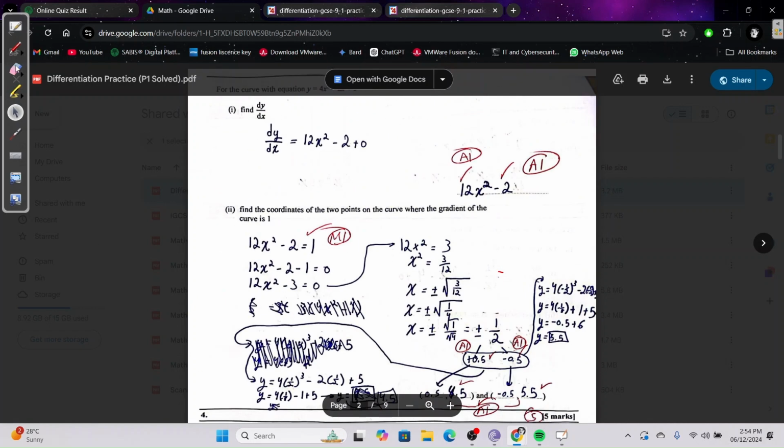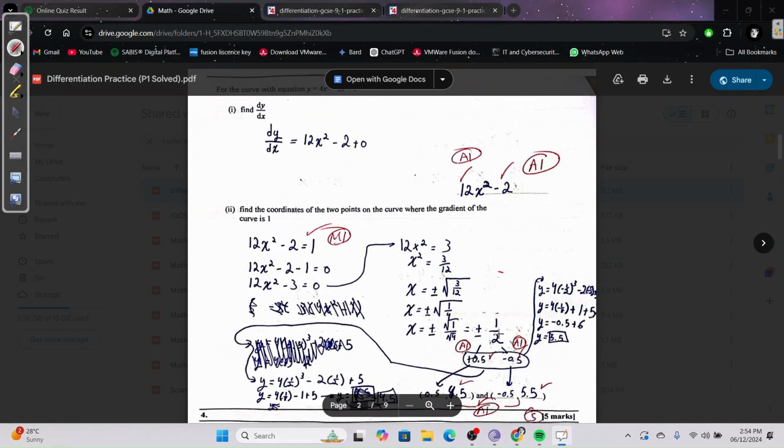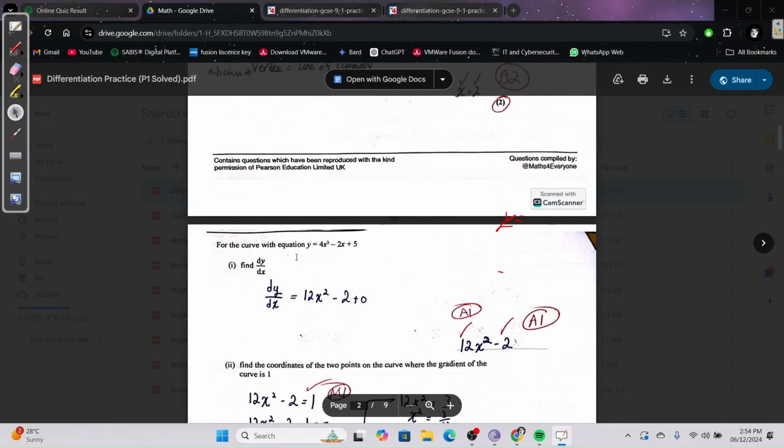Okay, now to solve this, you substitute negative 0.5 into the original equation. So y equals, let's go up and look for where it is, 4 times negative 0.5 squared minus 2 times negative 0.5 plus 5. y equals 5.5.